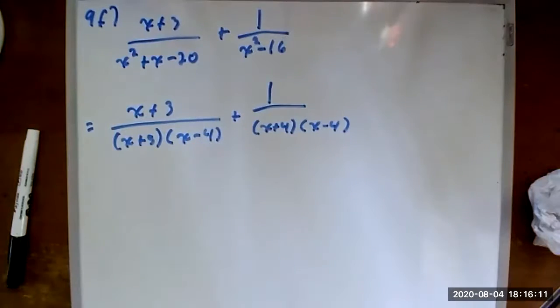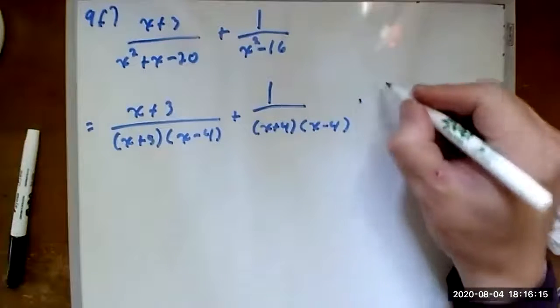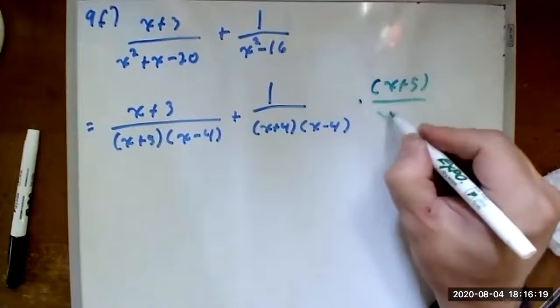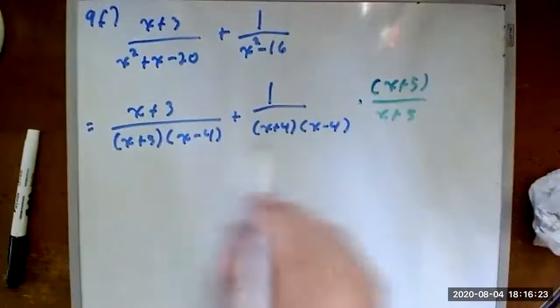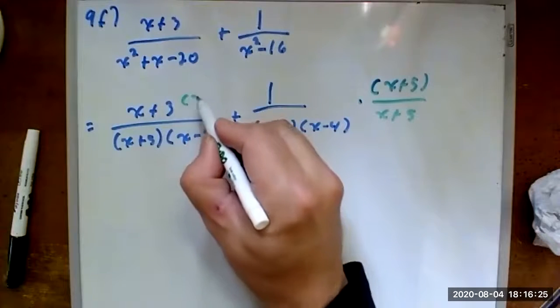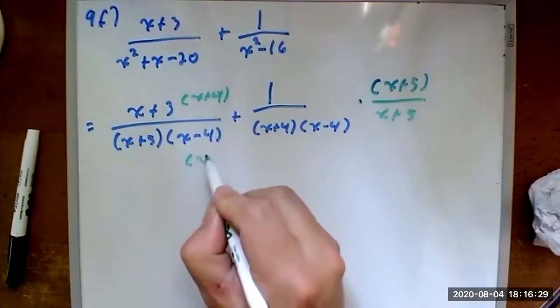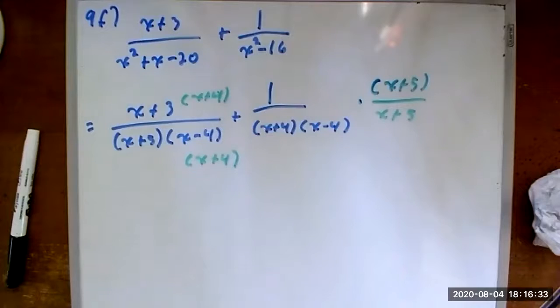So, trying to make a common denominator, what's already in common? The x minus 4. What's different? An x plus 4 on one side, and x plus 5 on the other side. So this side here will multiply by x plus 5. This side over here will multiply by x plus 4.